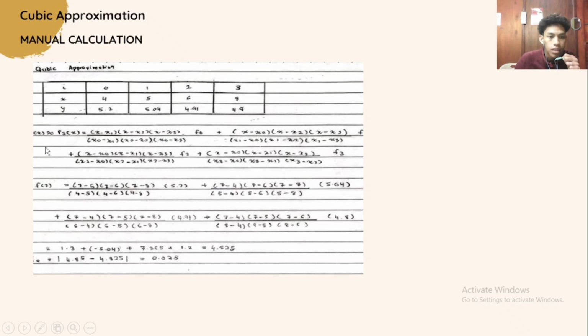All of this is the formula for cubic approximation. Our interpolate is 7, which is X. We just put in the formula the given values, as in the previous one.